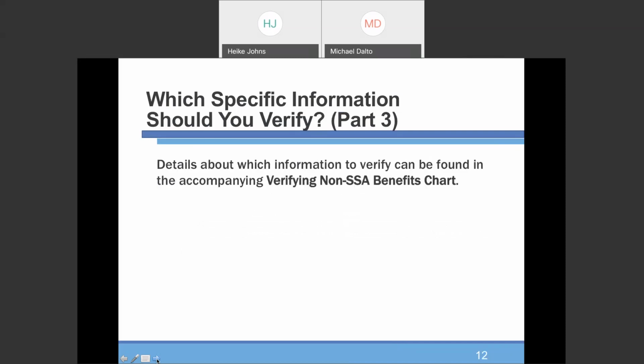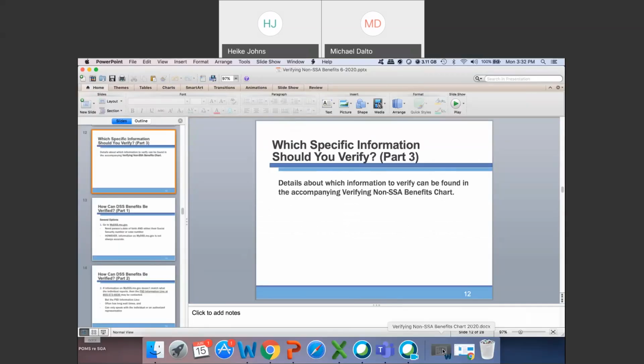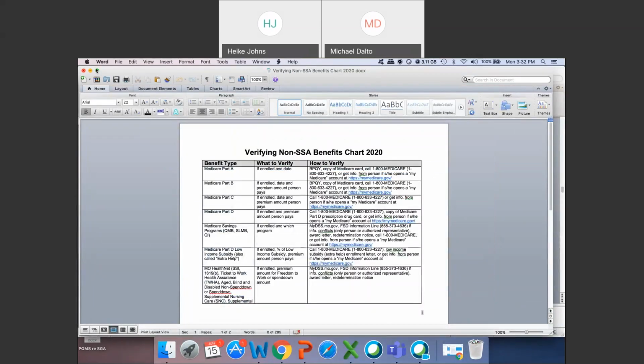Now, details about which information to verify you can find in an accompanying document called Verifying Non SSA Benefits Chart. That's available to you, and that chart looks like this.